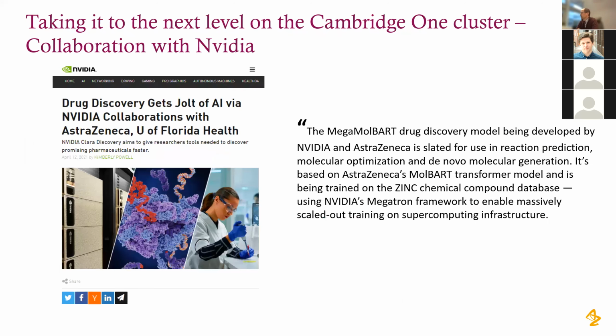So we're taking this to the next level together with Nvidia on the new Cambridge-1 cluster, which has a lot of GPUs and a good data infrastructure, so we can start to train our very big models on very big datasets. Our hope is to figure out how these models scale.